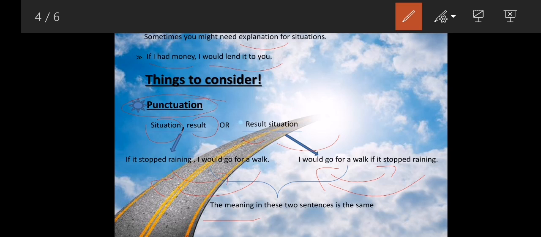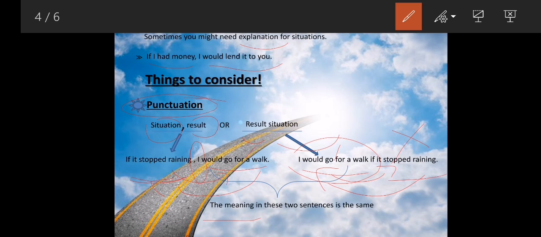Let's see the examples. If it stopped raining, I would go for a walk. If it stopped raining, notice. If it stopped raining plus, I would go for a walk. I would go for a walk if it stopped raining. Now, the meaning in these two sentences is exactly the same, but notice, when the main clause or result clause comes first, there is no comma.